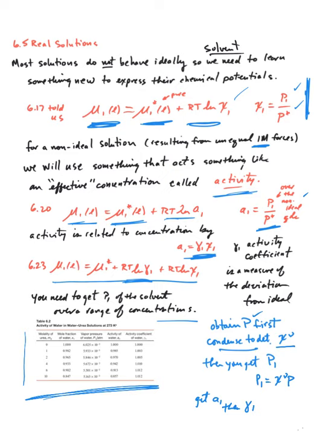And so then the mole fraction will allow you to write the mole fraction of your solvent. And then when that mole fraction is multiplied by the total pressure, you're going to get your vapor pressure due to the solvent. Then you can get your activity, and then finally the activity coefficient. So it's a little bit of work, but nothing too exotic.